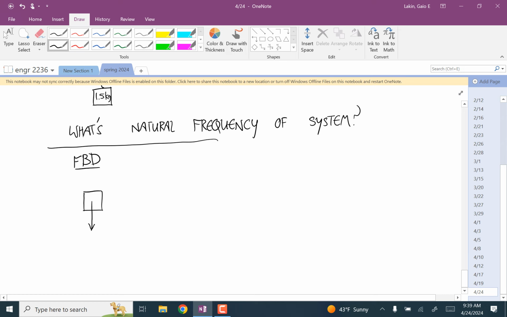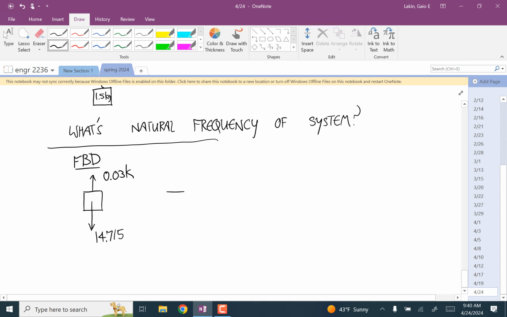We have a weight force down that's equal to 1.5 times 9.81, so 14.715. And then we have a force up that's equal to 0.03 K. That's the negative Kx. I just did the direction for us.